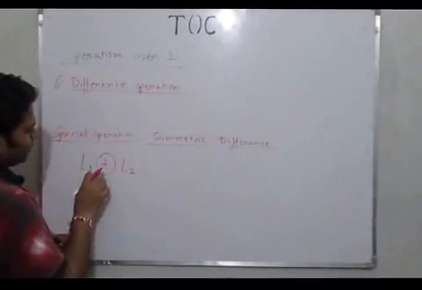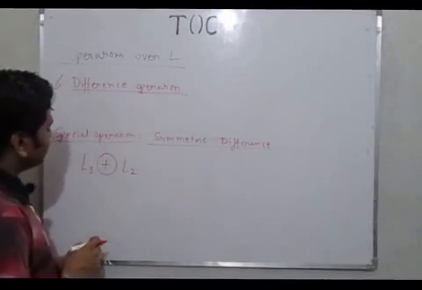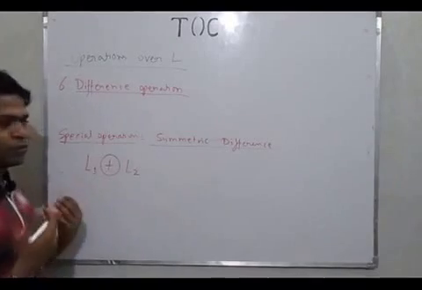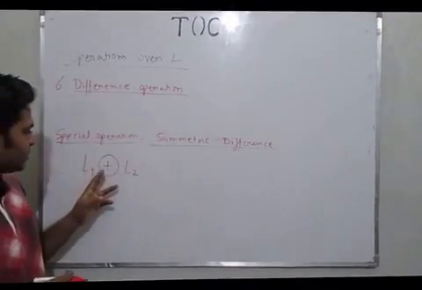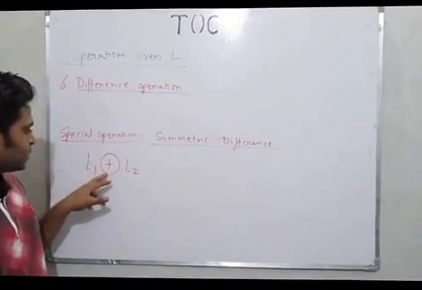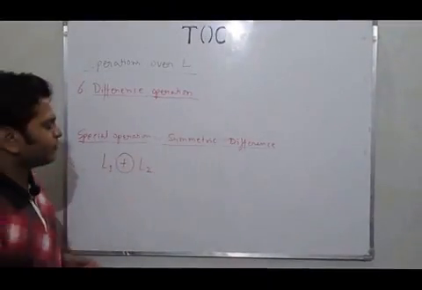Fine. So what is basically the symmetric difference? It is represented using this symbol, which is very similar to the XOR symbol you are familiar with in digital electronics. But here this is not an XOR. Fine. It is simply representing the symbol of symmetric difference.